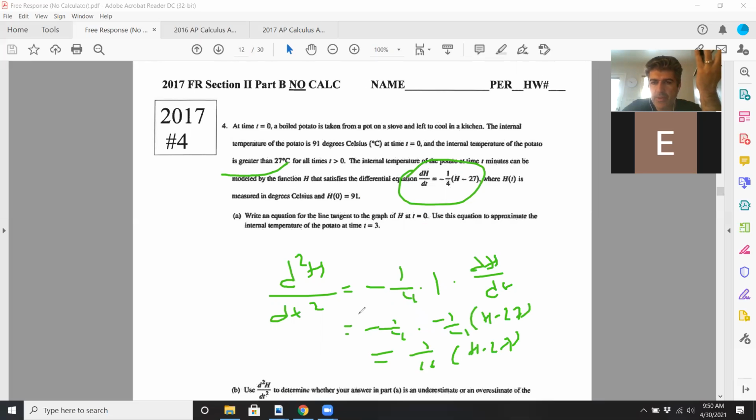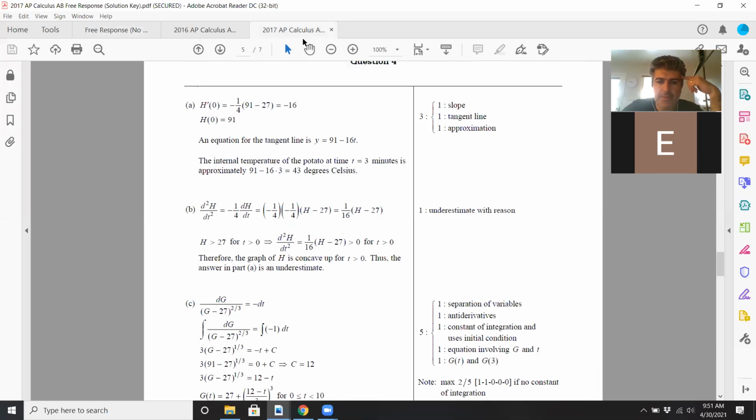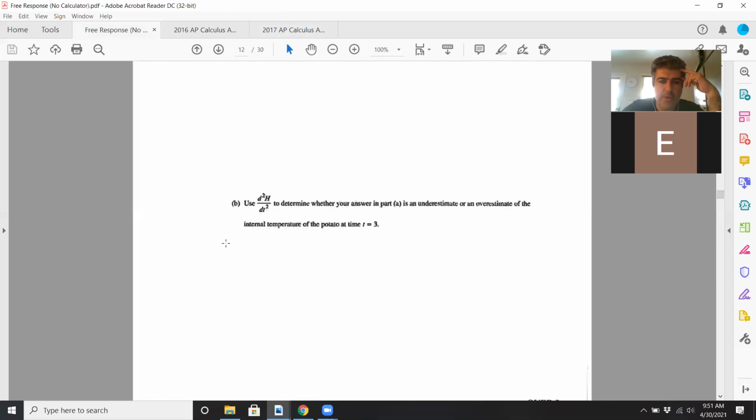So you know your d2h over dt squared is going to be positive, or you're concave up. Therefore, if you're concave up, your approximation will be an underestimate, because the tangent line is going to slightly go under the curve. And if you look at how they divide those points, really just 1 point for all that. So there you go. Then lastly, the differential equation.